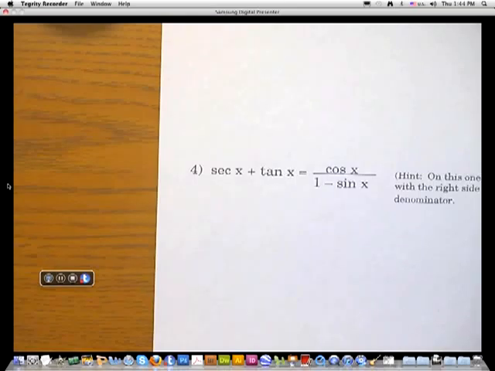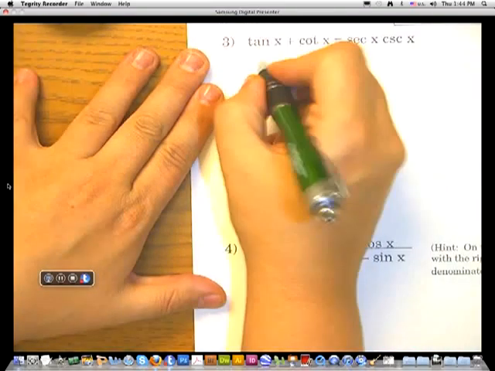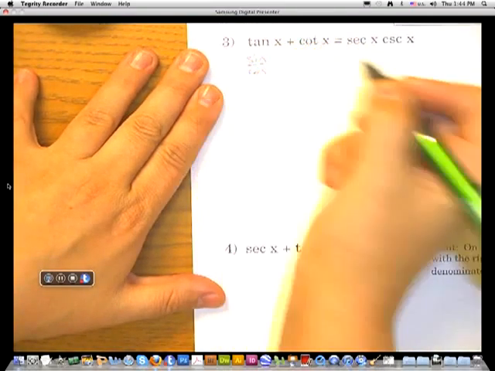Tangent and cotangent, we want to get them into secant and cosecant. The only thing tangent and cotangent have in common with secant and cosecant is sine and cosine. So this is one of those opportunities where you want to change everything to sine and cosine. Tangent is sine over cosine.